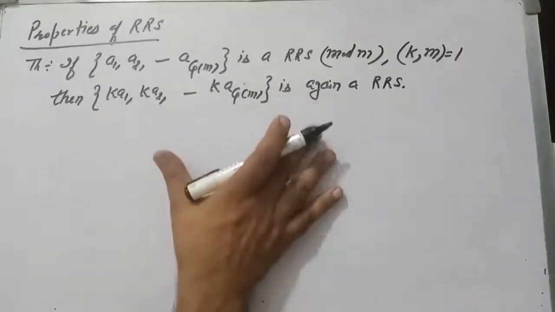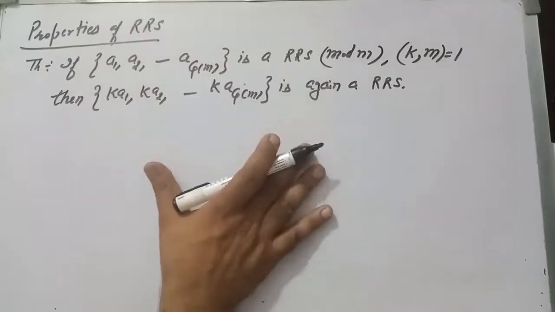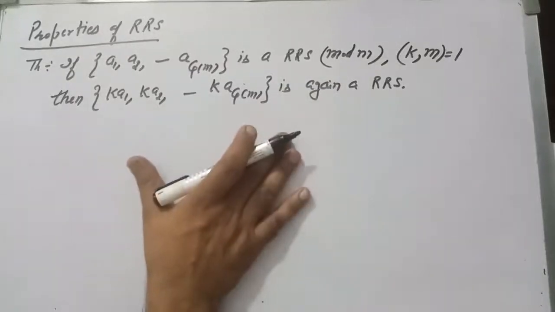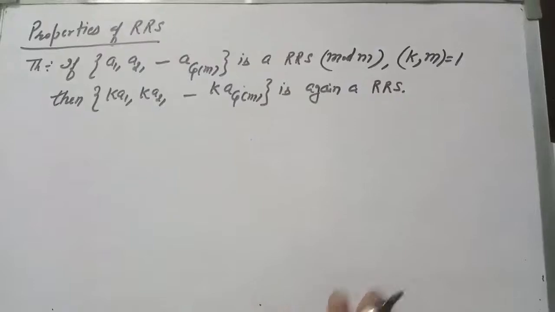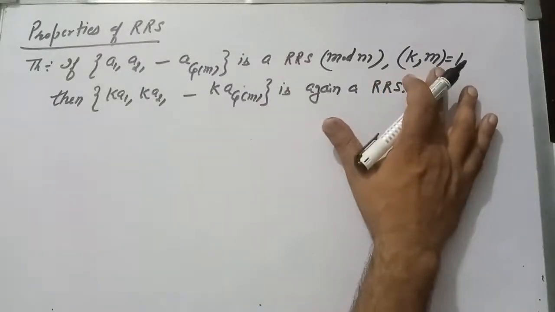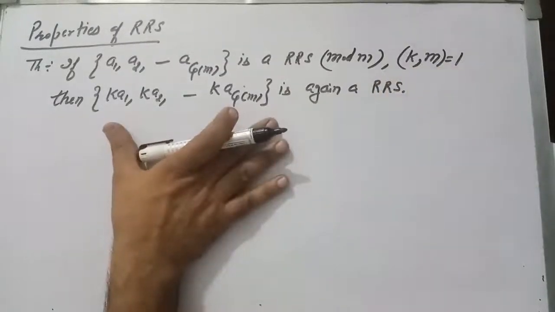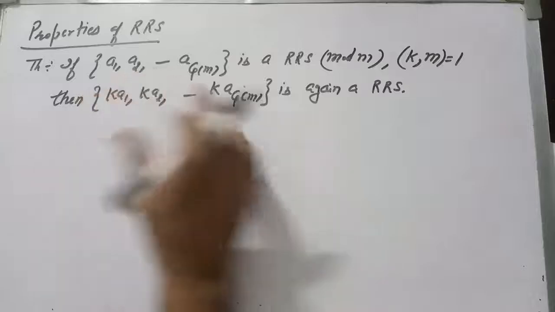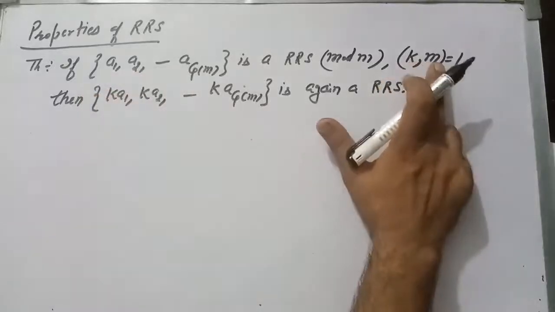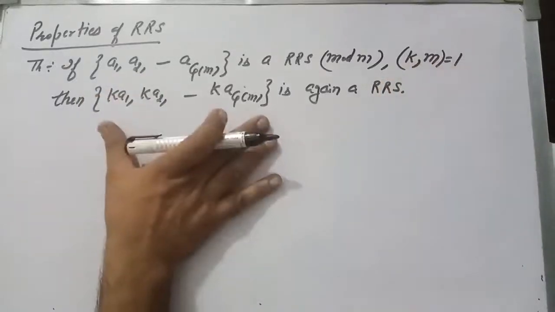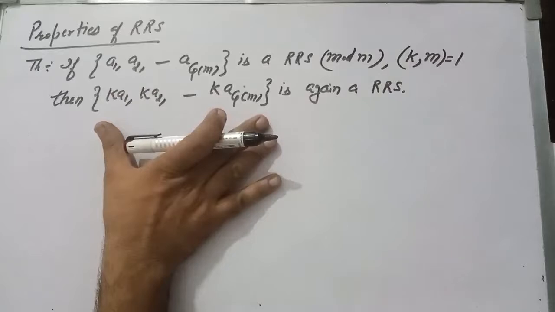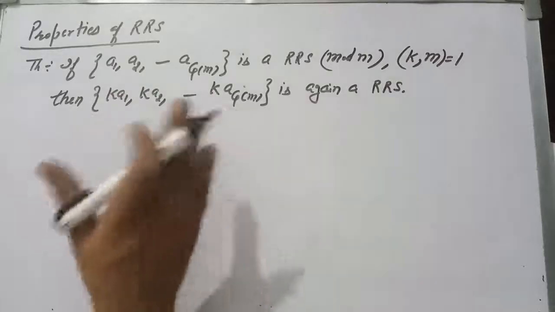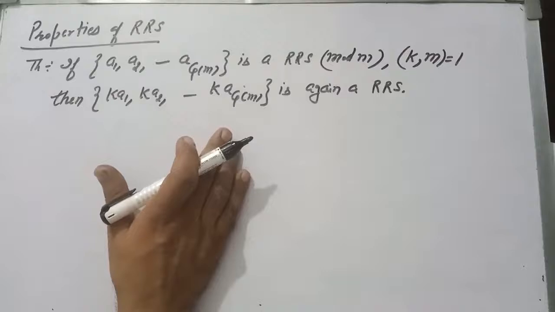So this theorem tells us that if you choose any reduced residue system and any integer k which is co-prime to m, you can construct infinitely many reduced residue systems. Just multiply all elements by the integer k which is co-prime to m, and the result is a reduced residue system.